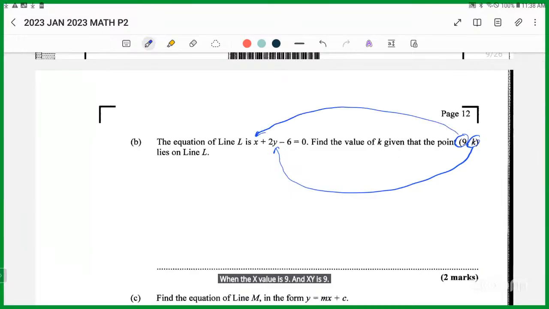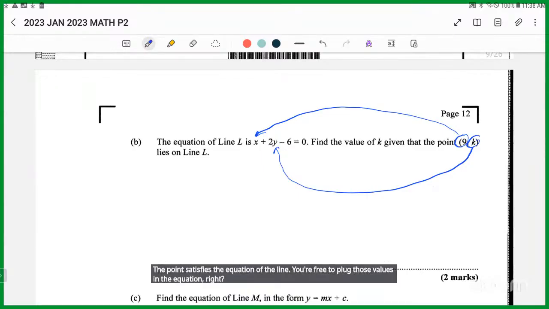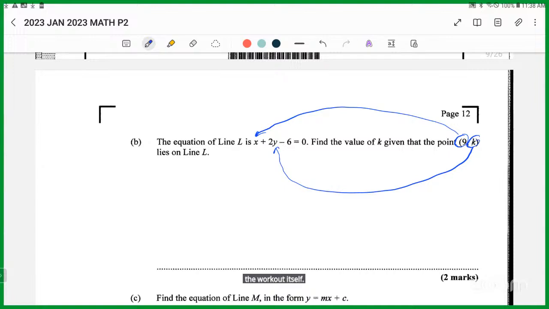So you can substitute those 2 values in the equation and find the value of K. If the point (9, K) is on the line, it means that the point satisfies the equation of the line. You're free to plug those values into the equation and work it out, because it's a point on the line.